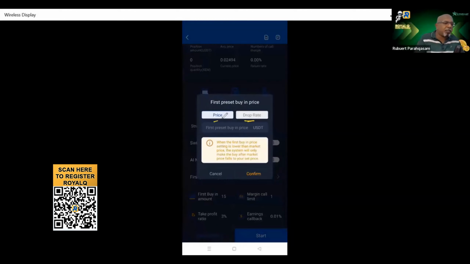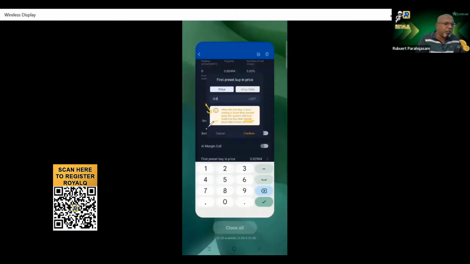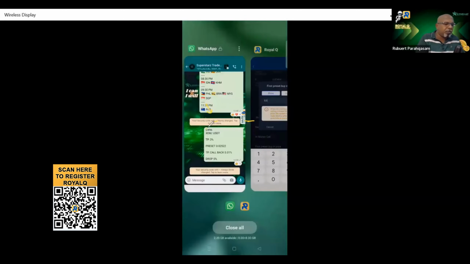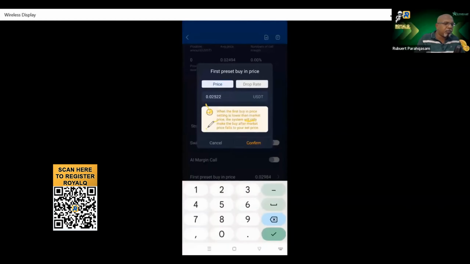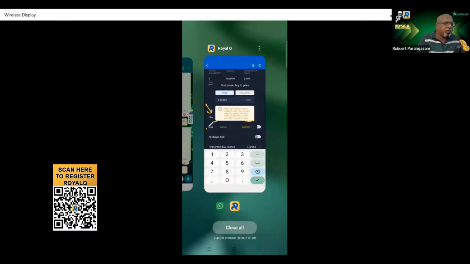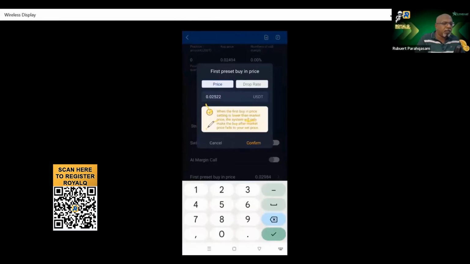We choose price. And then in this box, we type in the value 0.02522. Is that right? All right. Then I tap on confirm.